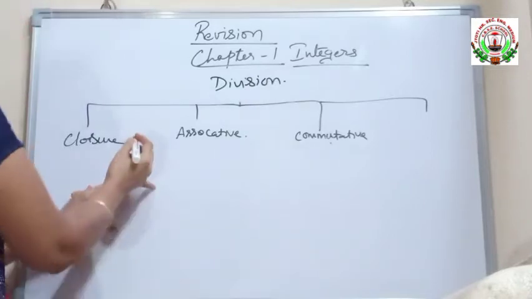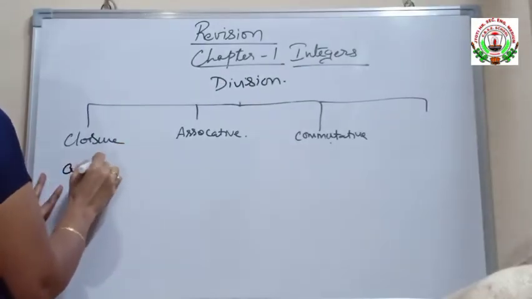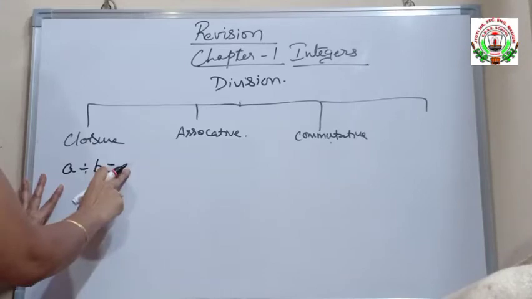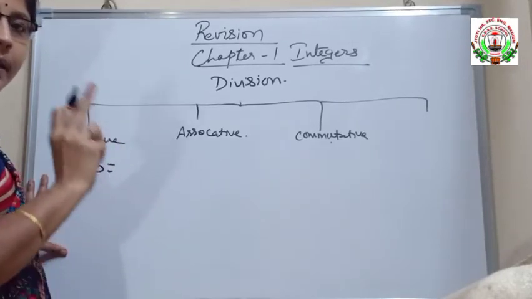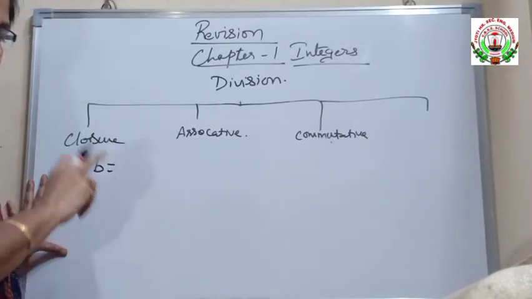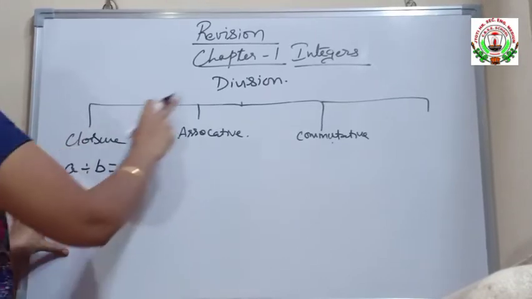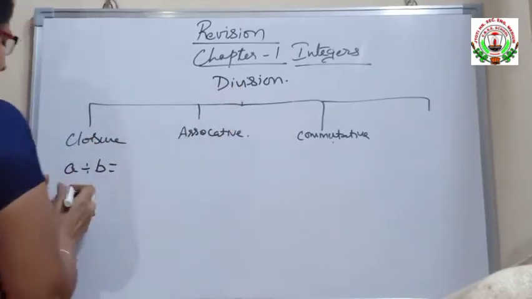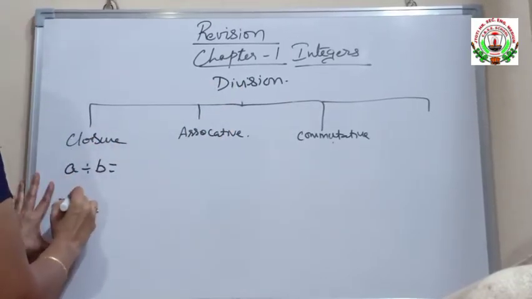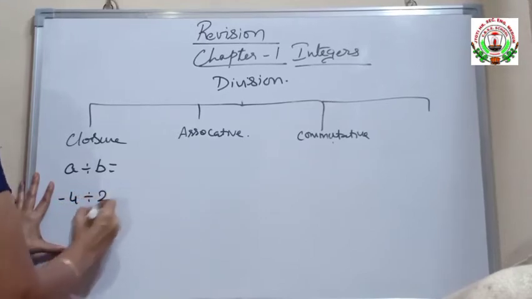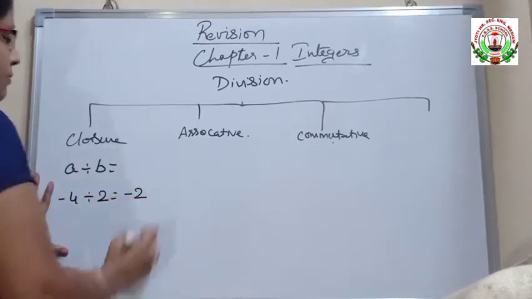Division here. When you divide any two integers, the answer we are going to get will be an integer only. So closure property is applicable for division. Example, minus 4 divided by 2, the answer is minus 2.